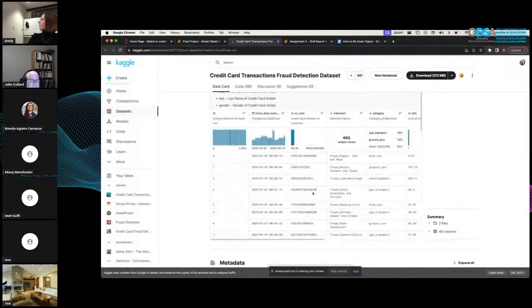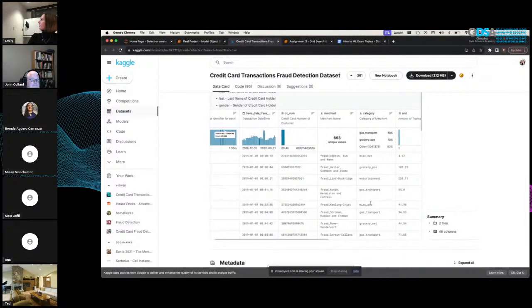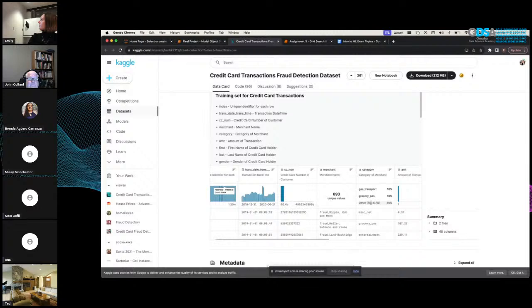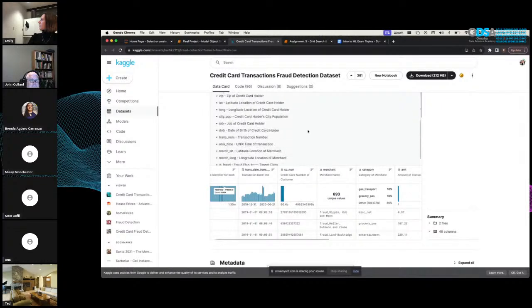So the target variable is, where's our target index? Oh, I just didn't scroll down far enough. Is fraud. So that's what you're trying to predict here.